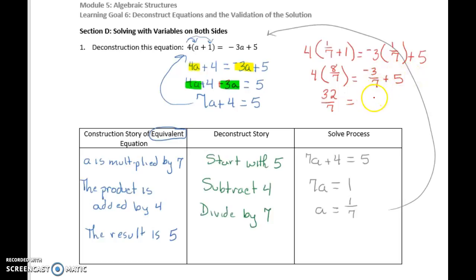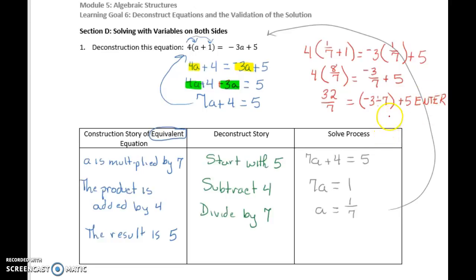And we can just go to our graphing calculators and type that in. You're going to want to type in, because this is a fraction, we always use our parentheses for fractions in our calculator. So we're going to type in parenthesis -3 divided by 7, close the parentheses, plus 5, and then hit the Enter key.